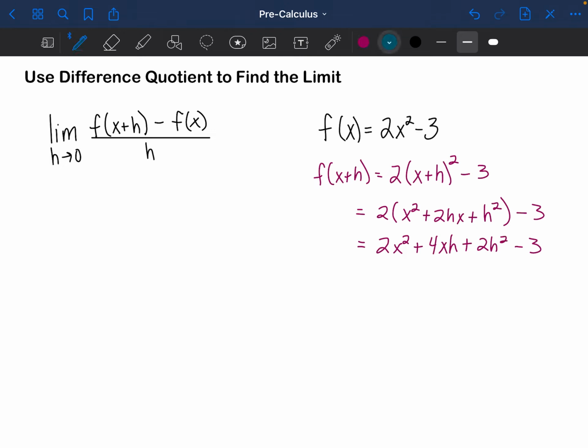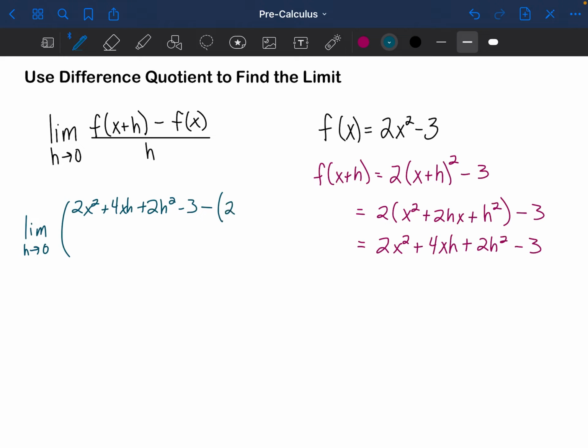Now we can take those and plug them into our difference quotient. Right? So I want to know the limit as h approaches 0 of 2x squared plus 4xh plus 2h squared minus 3 minus, and this is a mistake I see a lot of people make, you have to put your f of x in parentheses, because we're not just subtracting this 2x squared, we're subtracting the entire function.